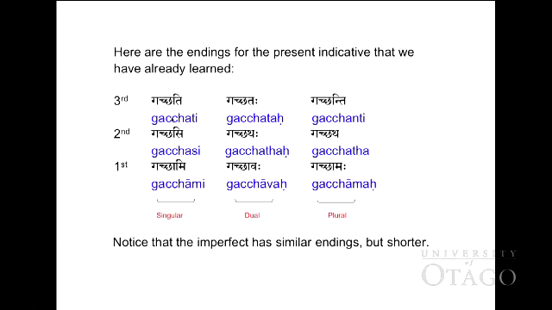That is, kachati, kachataha, kachanti, kachasi, kachataha, kachata, kachami, kachavaha, kachamaha. As you memorize from the endings, that is, ti, tas, anti, si, tas, ta, mi, vas, mas.